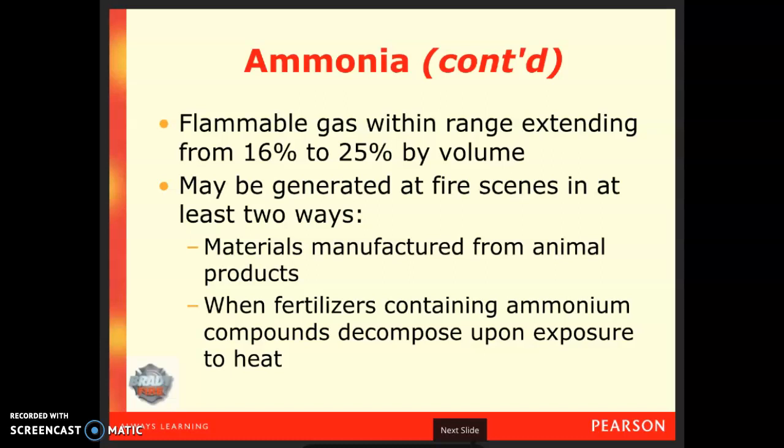And we can find it generated at fire scenes in a couple of different ways. When we have materials that are manufactured from animal products, so we saw this with the nitrogenous gases, with the NOx gases in the previous video. Leather, animal hides, wool, hair-based products, because they contain nitrogen, they can generate ammonia at the scene of a fire.